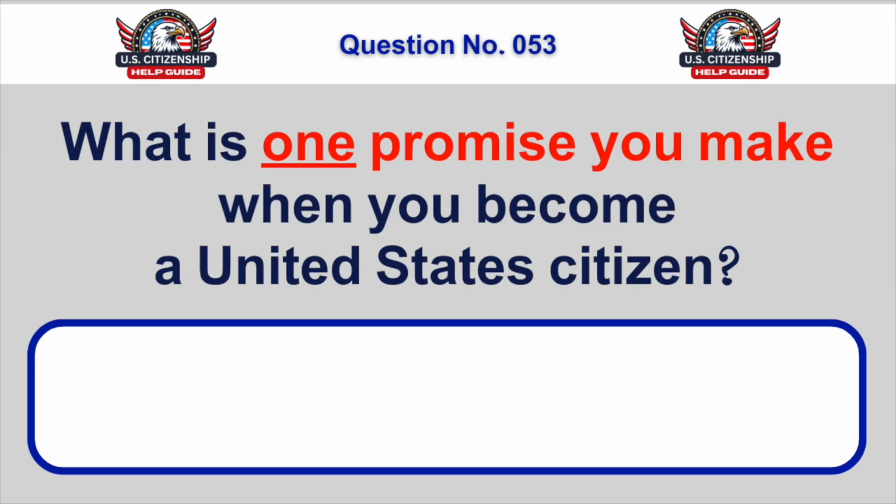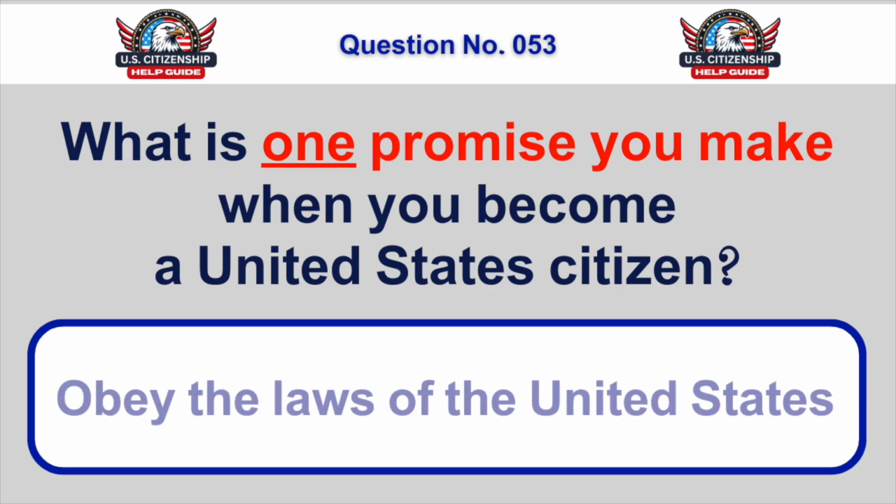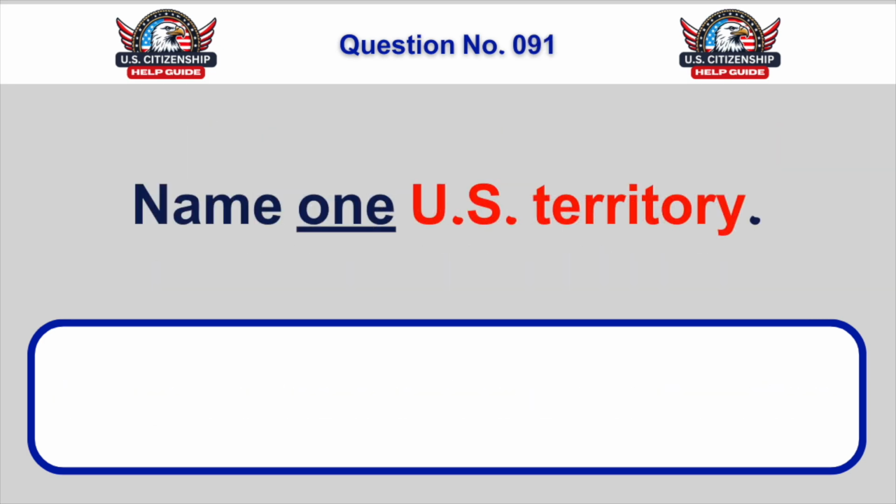What is one promise you make when you become a United States citizen? Obey the laws of the United States. Name 1 U.S. territory. Guam.